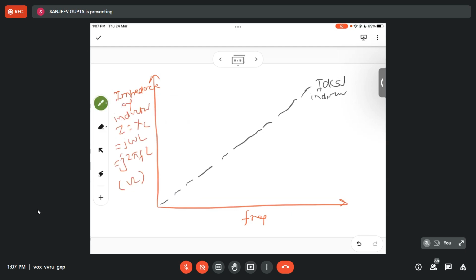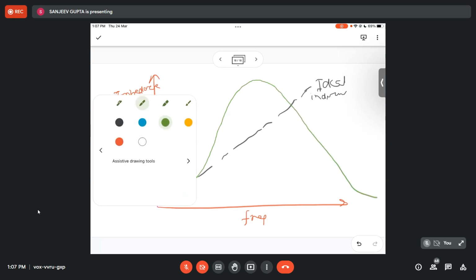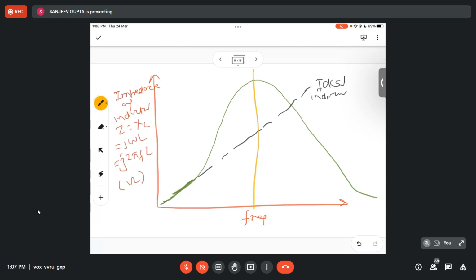If I see the practical one, at initial frequencies, up to the basic electronics you've learned, it remains the same. Then it will start deviating but still behaving like an inductor. At some point, resonance will come and it will start decreasing. So again, if I divide into two categories, my resonance will come here, which means XL is equal to XC.